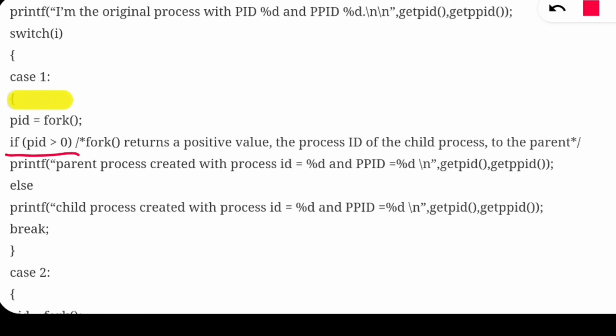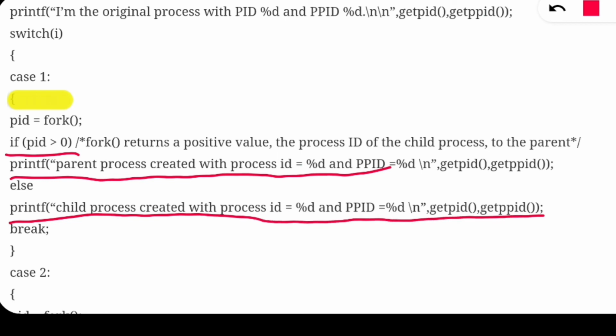If it is greater than 0, it is the parent and it will print; else it is the child. We have printed all the PPIDs and PIDs using the getpid and getppid functions.